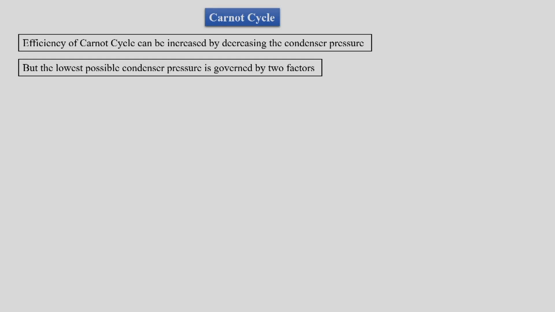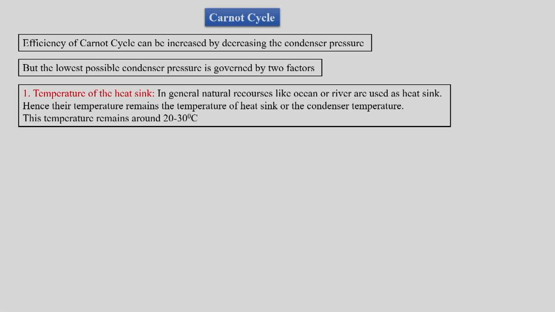It is dependent upon 2 factors. The first factor is the temperature of the heat sink, meaning the element which is going to take the heat from the steam which is getting condensed. If that temperature is in our control, then we can control the condenser saturation temperature, hence the pressure in the condenser.